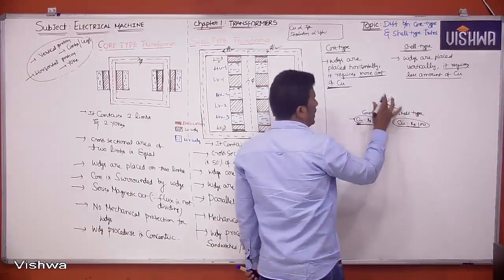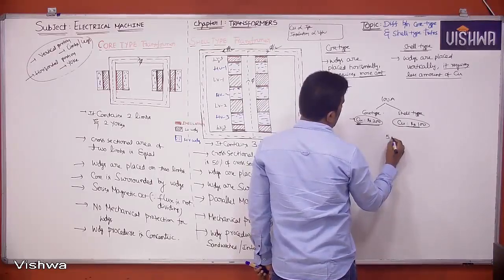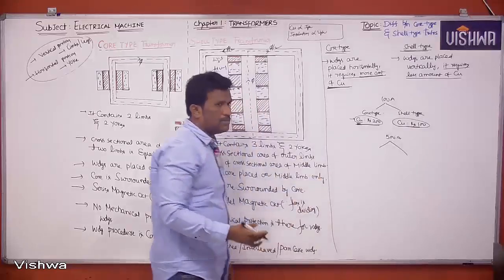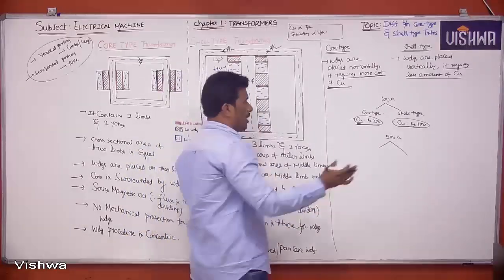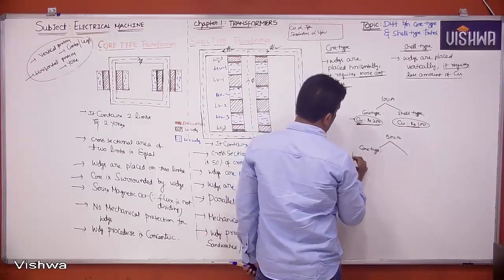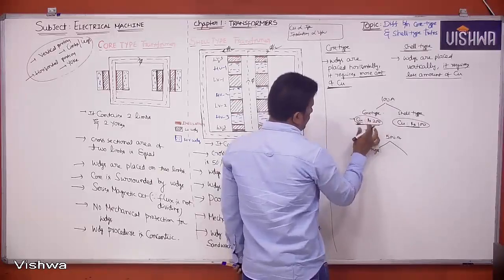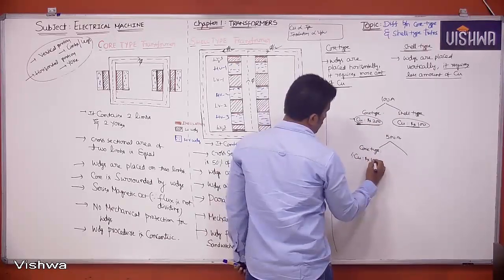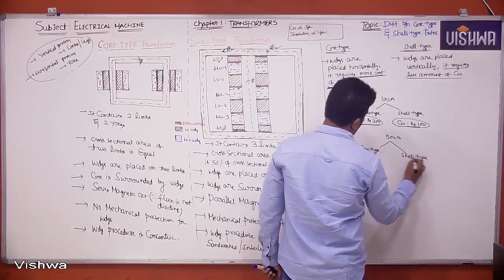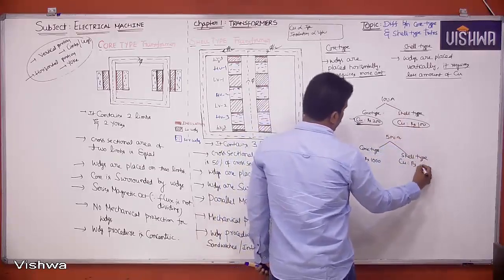Now, it is for 100 amperes. Suppose you go for 500 amperes, approximately 5 times. In core type, how much money does it require? If I multiply by 5, it requires 1000 rupees. Whereas in shell type, 100 rupees times 5 is 500 rupees.